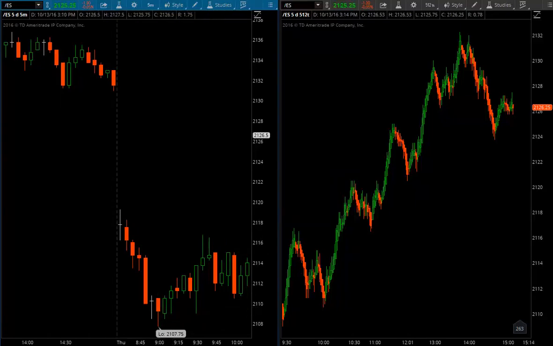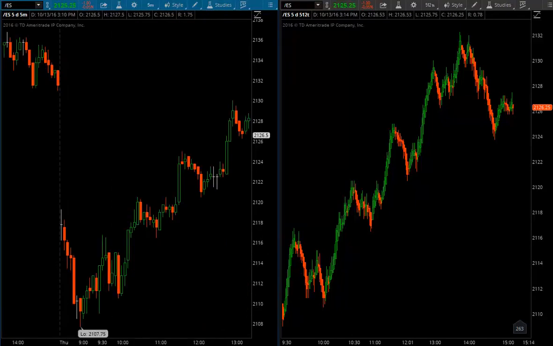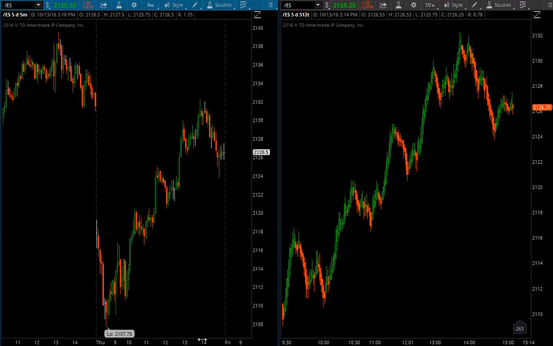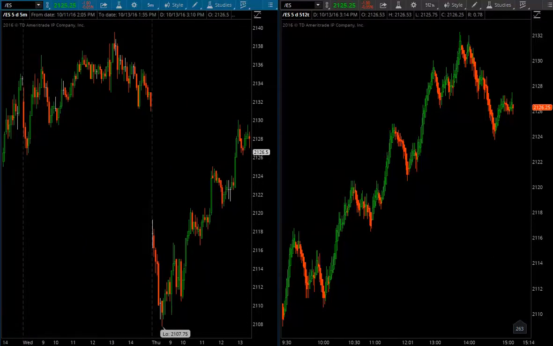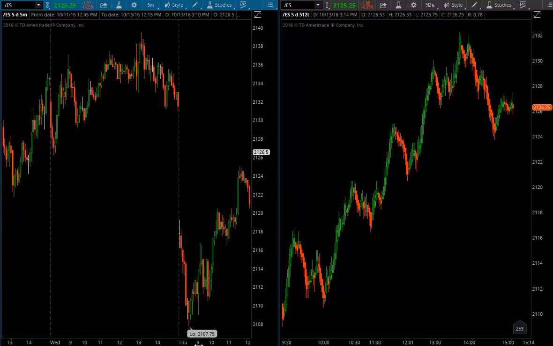And it's a nice way to get in off an opening move where the market could be a little bit volatile, but if we do start trending, it allows you to get into the market at essentially the earliest, safest opportunity.